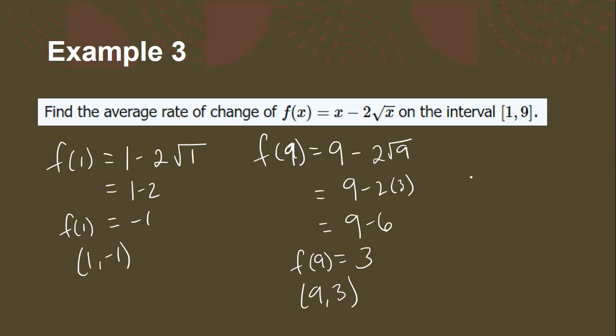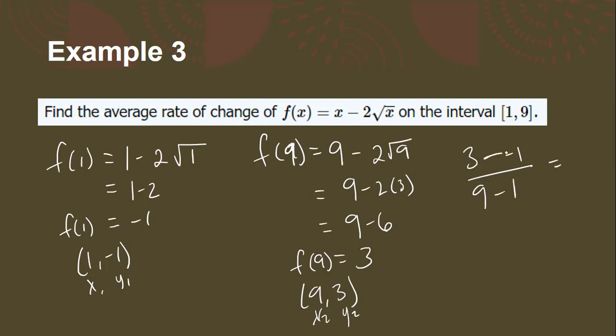So to determine your X1 and your X2, it's always just left or right, what comes first. So this is going to be X1, Y1, X2, and Y2. In all honesty, it will work itself out in the end as far as positives and negatives. Okay, so we should have 3 minus -1 over 9 minus 1.